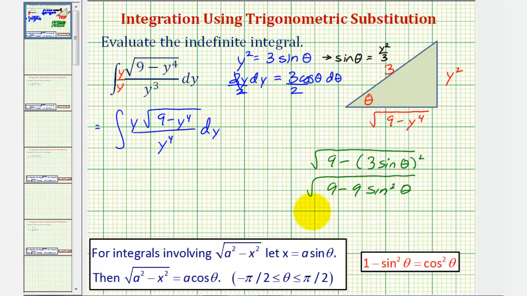If we factor out the 9, we would have 9 times the quantity 1 minus sine squared theta, which equals cosine squared theta. And notice how this does give us 3 cosine theta.